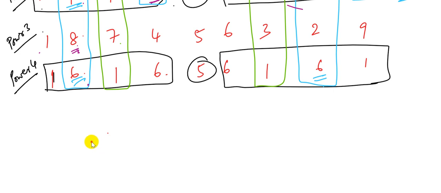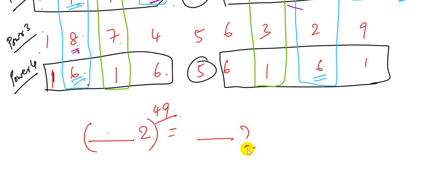So, that means any number ending in a 2 raised to any power, let us say 49, right. Any number ending in a 2 raised to power 49 will end in what number? In order to calculate this, we have to understand the cyclicity of this number 2.